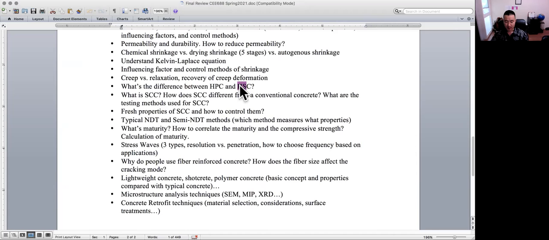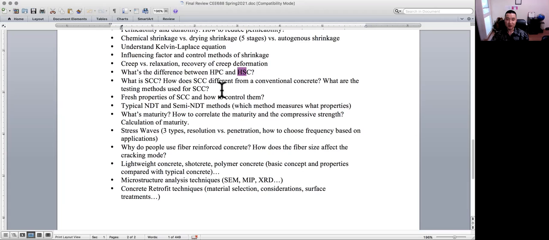We also talk about different types of high performance concrete, including SCC. What's the difference between SCC and conventional concrete, and how we can check the flow, the passing, and the segregation of SCC. That's easy because it's open book. If it's a closed book, it's much harder. It's open book.